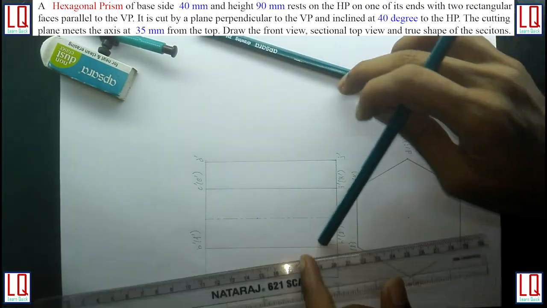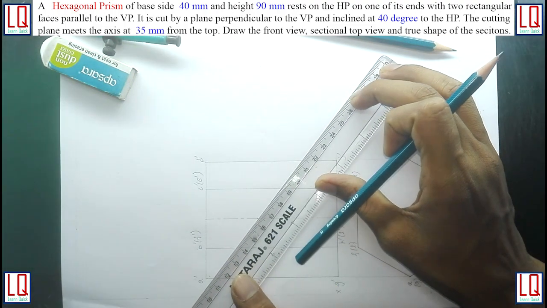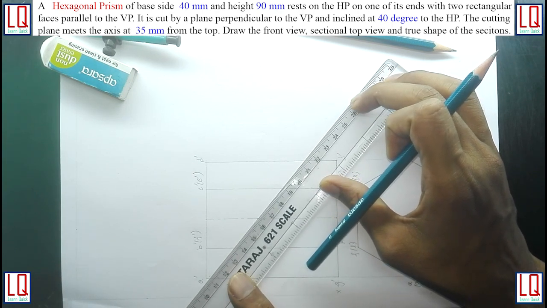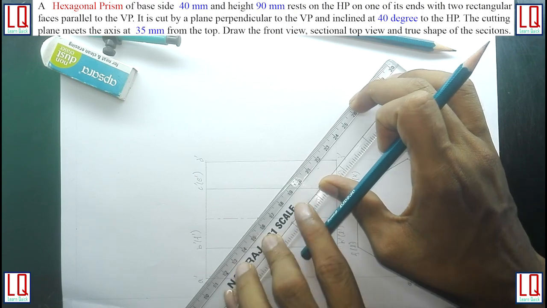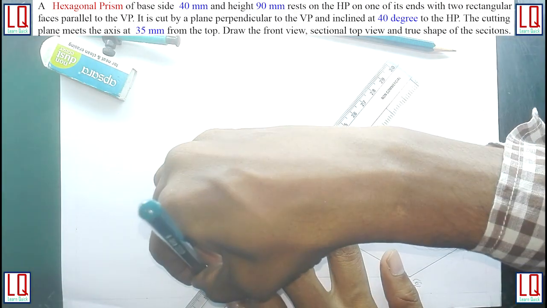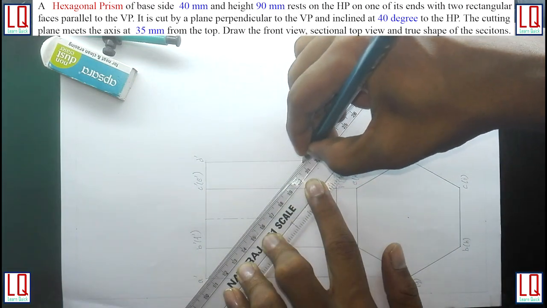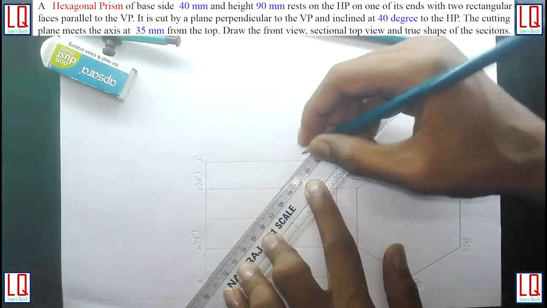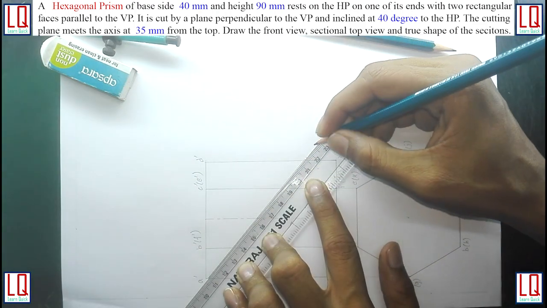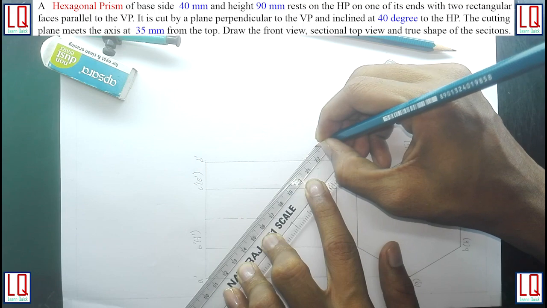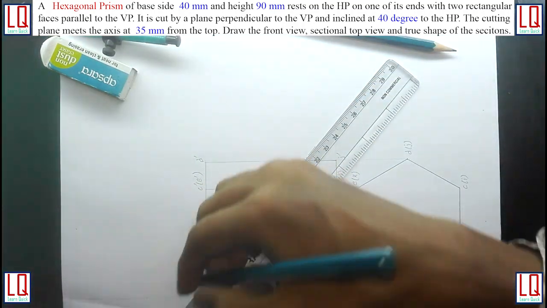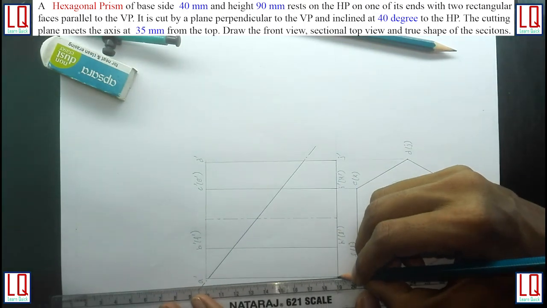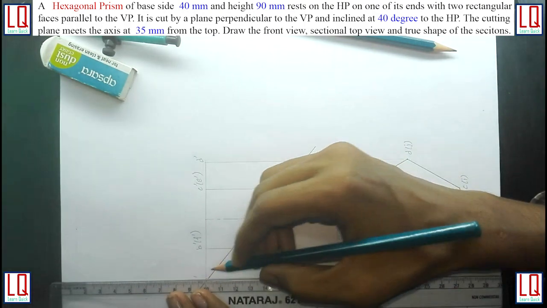Now using a HB pencil, draw cutting plane from left extreme edge to right extreme edge. And using HB pencil, highlight the edges of material which is remaining after sectioning.